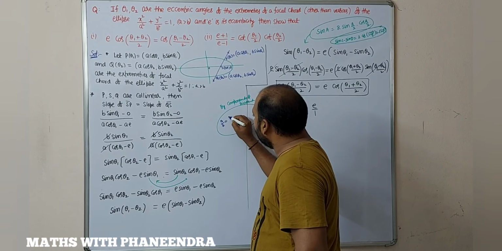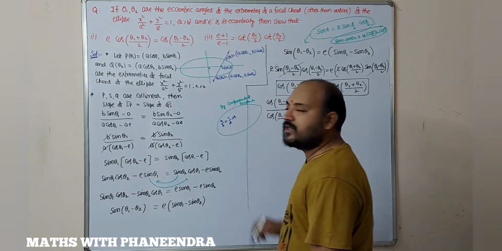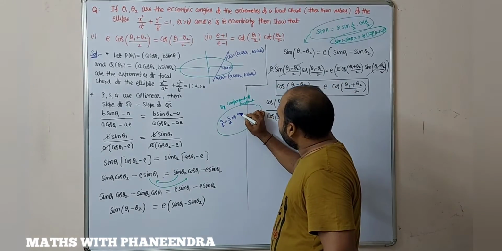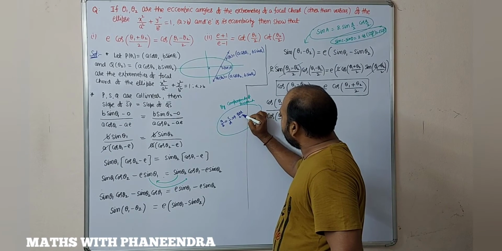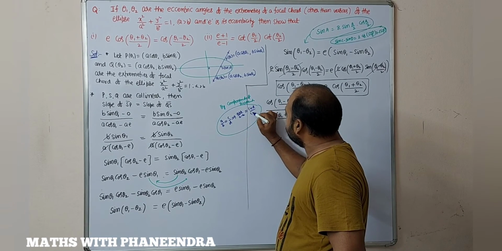A by B is equal to C by D implies that (a plus b) by (a minus b) is equal to (c plus d) by (c minus d).